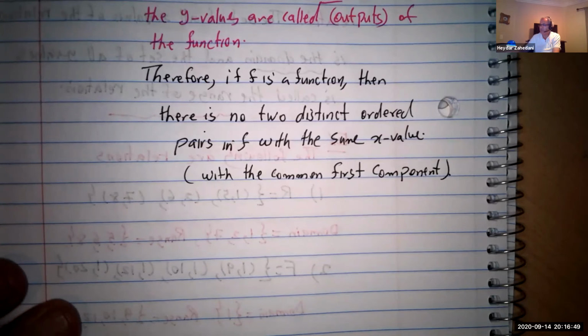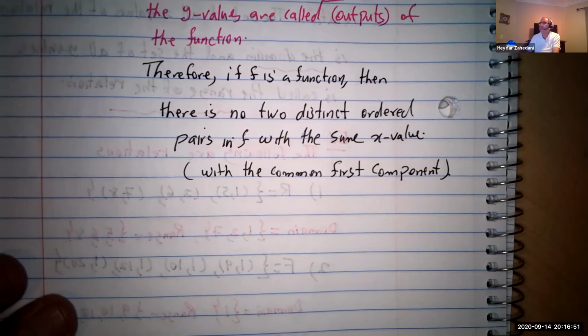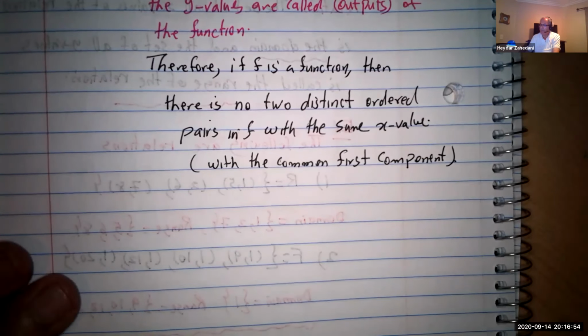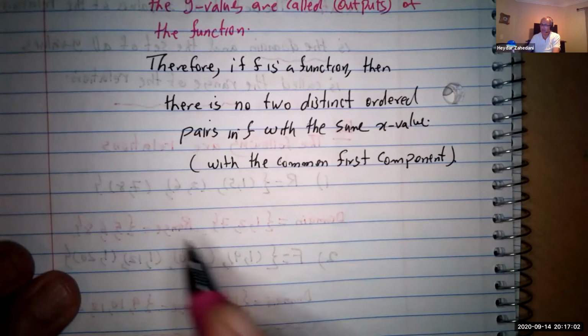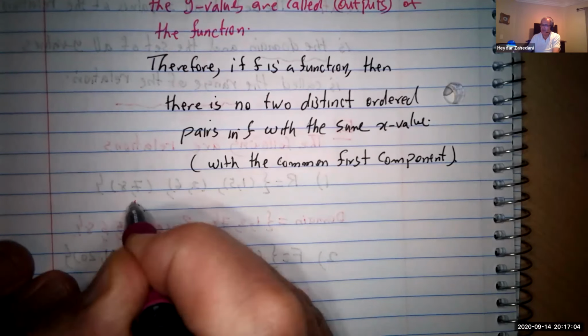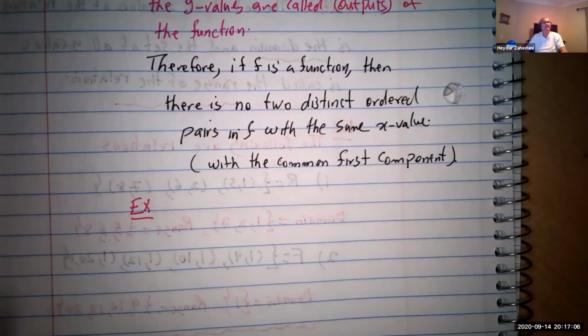Let's give an example to explain it, then we change to the other format. Ready for the example? This is your first problem. We give you a set of relations of ordered pairs, then we ask you to tell us which of those are functions.